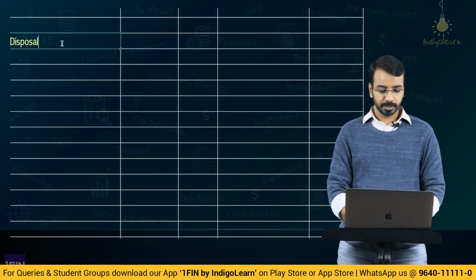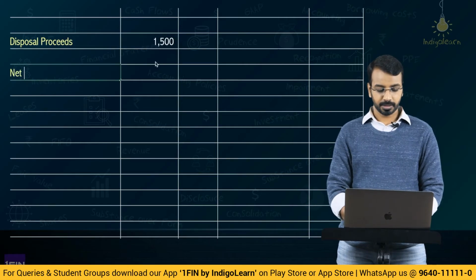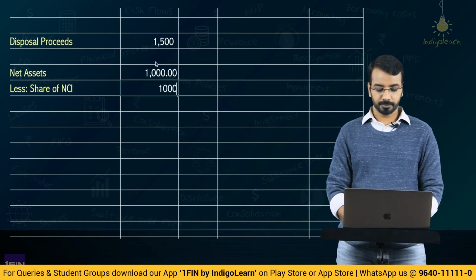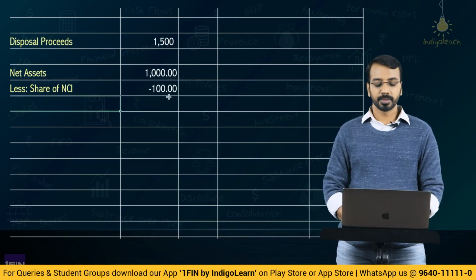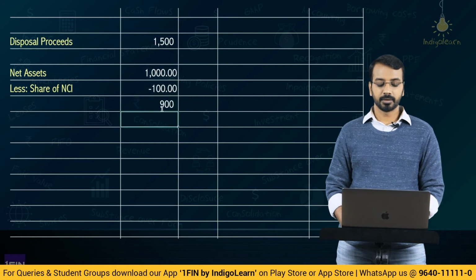So, disposal proceeds is 1500, net assets is 1000 less share of NCI 100. So, 1000 minus 100, you get 900.